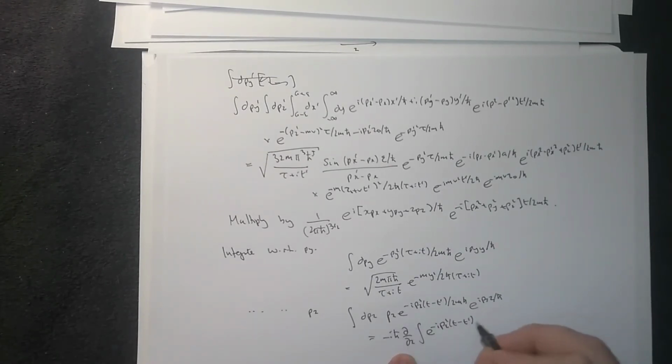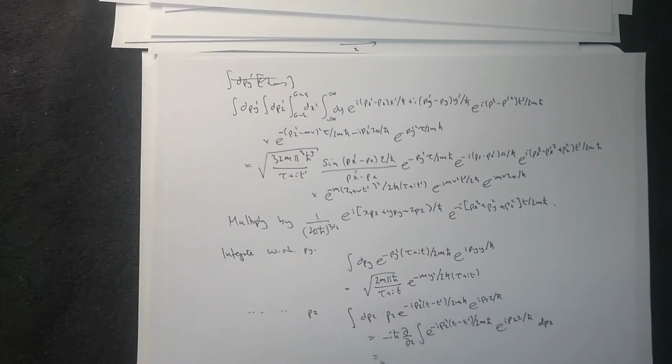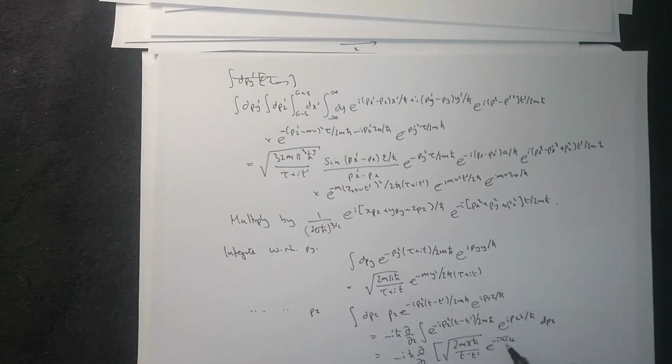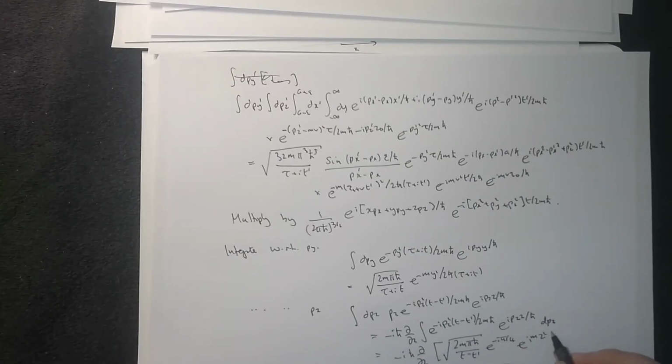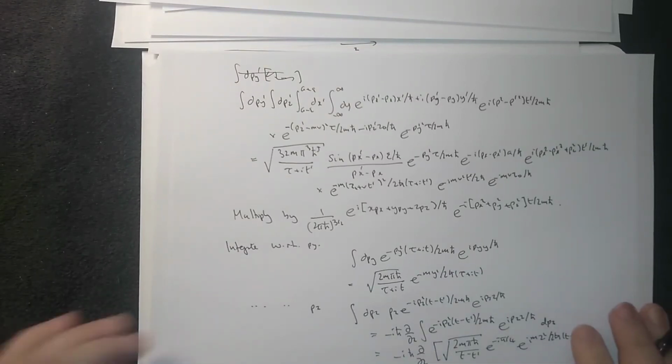And in fact, this is where it came from in the first place, so we're really just undoing something we didn't need to do. And that's minus i h bar d by dz of root 2 m pi h bar over (t minus t prime), e to the minus i pi by 4 for the 1 over the square root of i, e to the i m z squared over 2 h bar (t minus t prime).